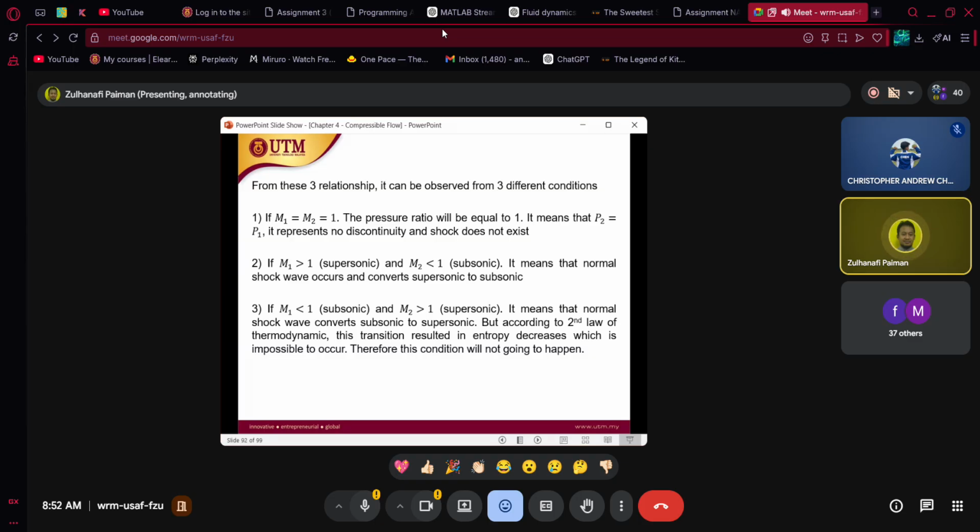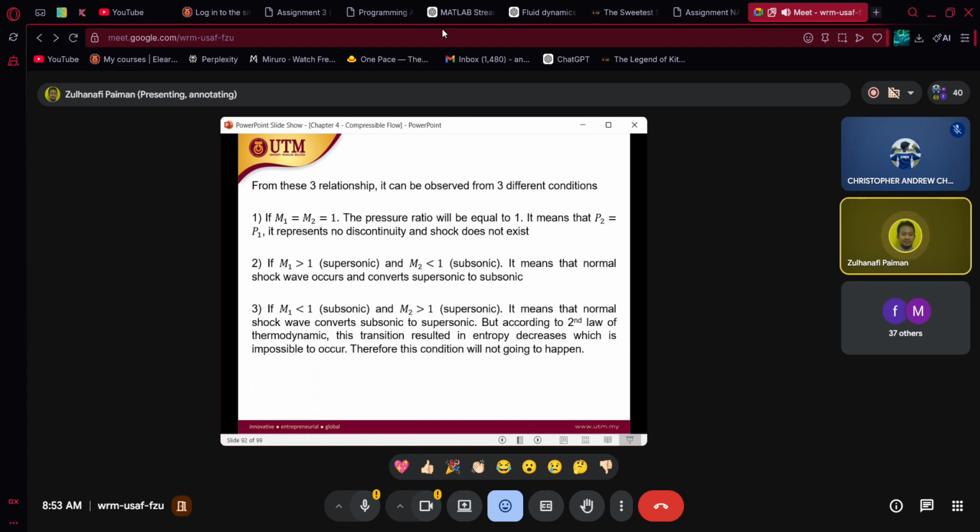For case number 2, if Mach number 1 is greater than 1, which is supersonic, and Mach number 2 is less than 1, which is subsonic, it means that a normal shock wave occurs and converts supersonic to subsonic. So these are the conditions in order to prove that the shock wave exists.